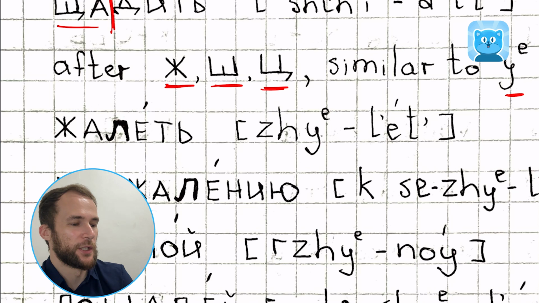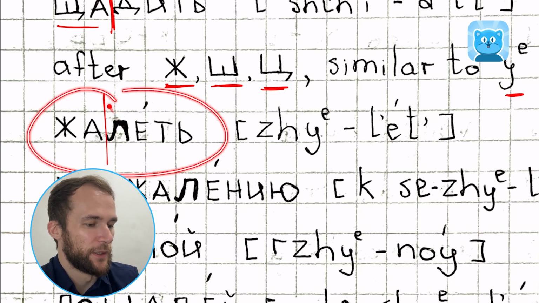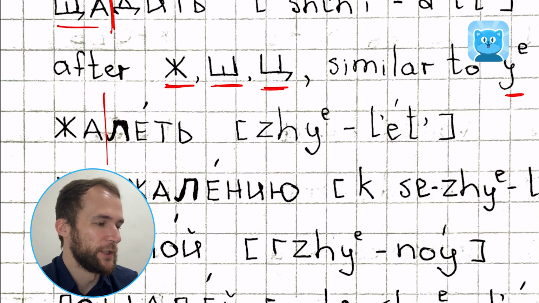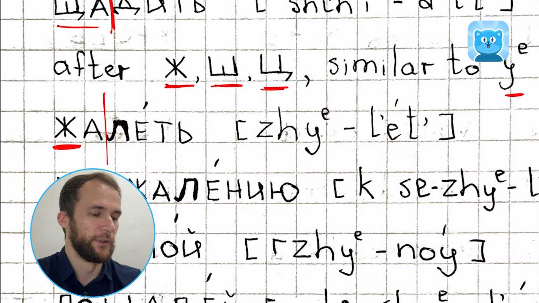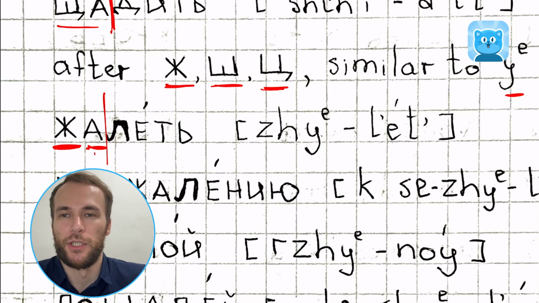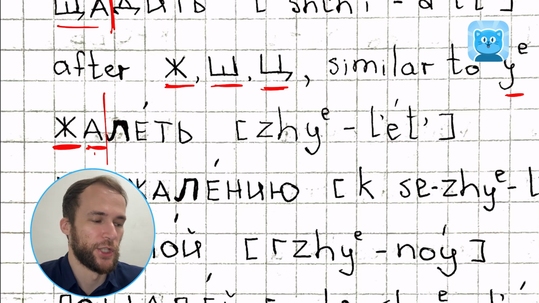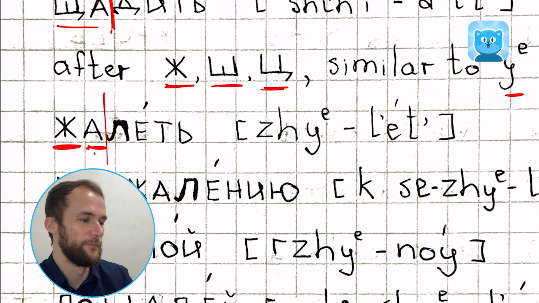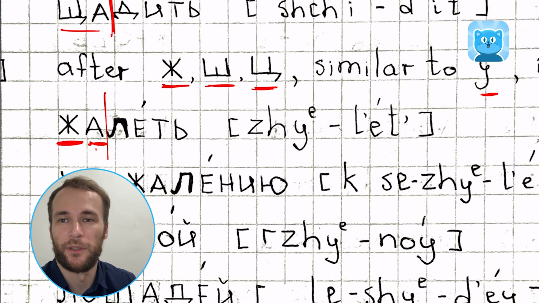Жалеть. So two syllables here, right? We have this sound Z here, we have A here in a pre-stressed position. Жалеть is to comfort.